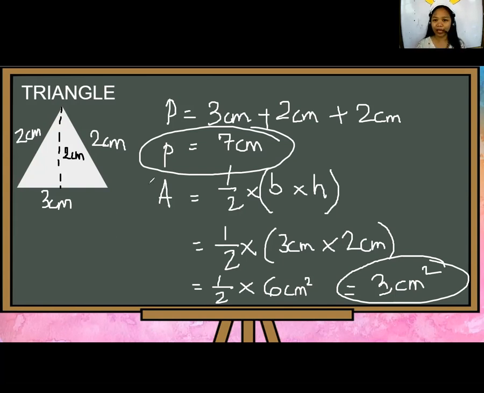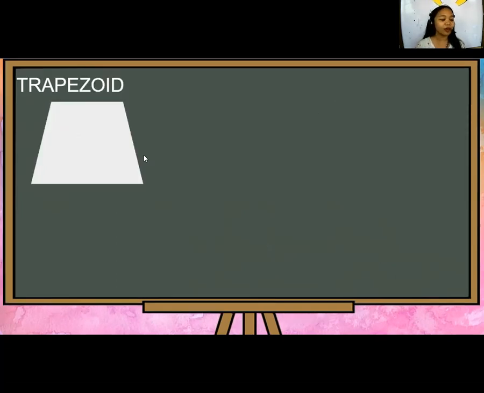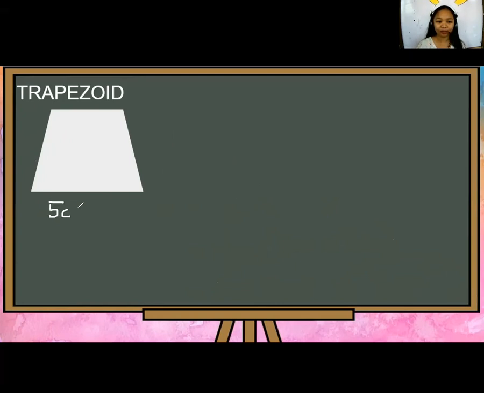And for our last figure for today, we will talk about another kind of quadrilateral, the trapezoid. Okay, so first, let me show you how to find the perimeter of a trapezoid with a base of 5 centimeters, another base of 3 centimeters, a side of 4 centimeters, and another side of 4 centimeters.